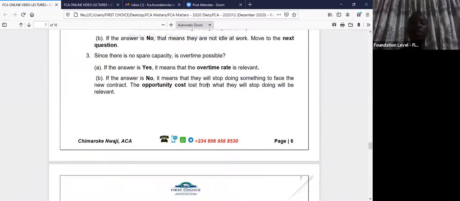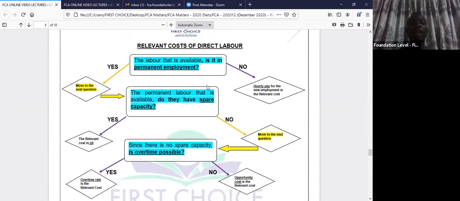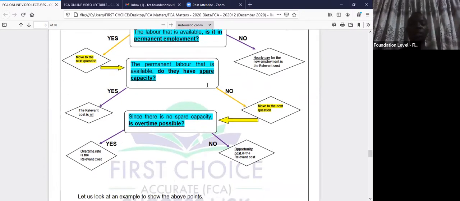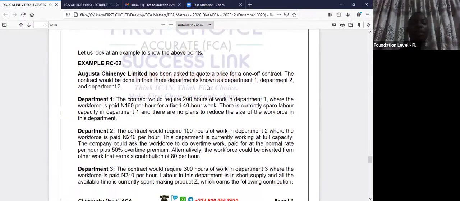So we've seen the relevant cost of labor, and it is nicely done for us in this beautiful chart. Relevant cost of labor, similar to that of material. So now let's look at one question and let's see how we can use the above points to illustrate it.